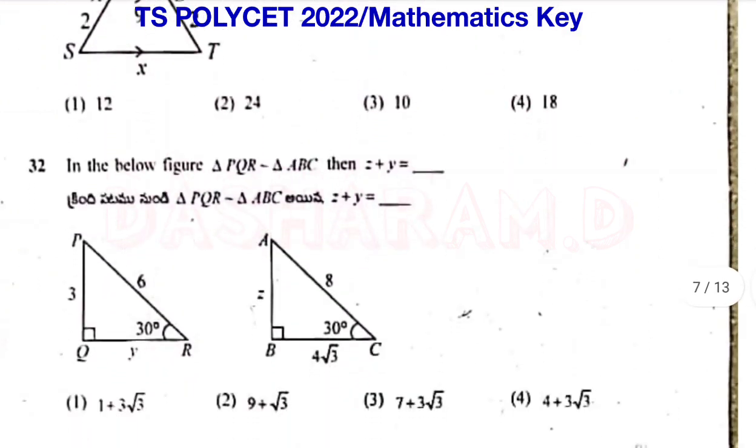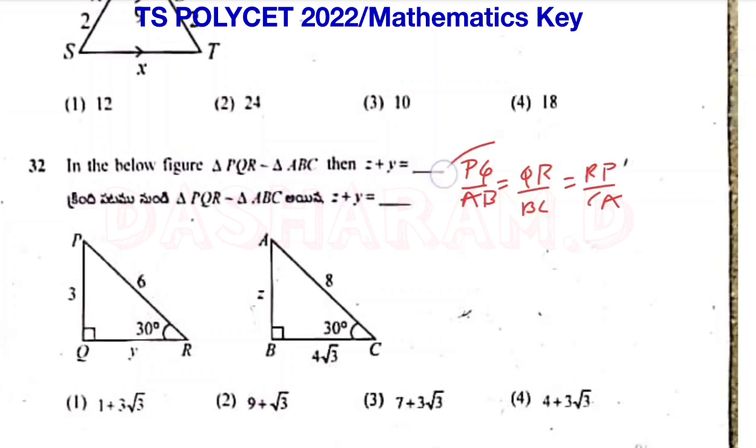Next, question number 32. In the below figure, triangle PQR is similar to triangle ABC, then what is Z plus Y? When the two triangles are similar, the corresponding angles are equal and the ratios of corresponding sides are in proportion. To find Z and Y, I am going to take the ratio of corresponding sides. PQ is 3 and AB is Z. Next, QR is Y and BC is 4 root 3.